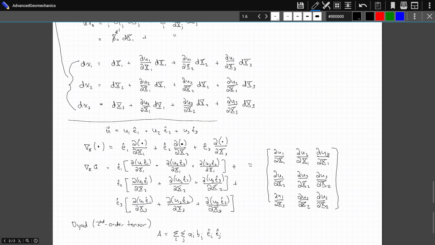And one thing to remember is that anytime you have a gradient operator, you always go up an order. If you take the gradient of a scalar, you get a vector. If you take the gradient of a vector, you get a second order tensor. If you take the gradient of a second order tensor, what do you get? A third order tensor. You take the gradient of a third order tensor, what do you get? A fourth order tensor, right? So you go up.